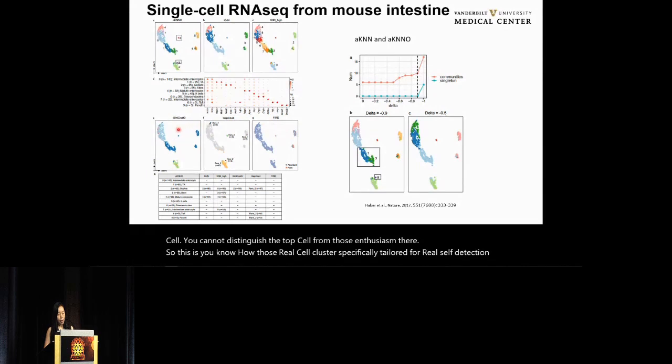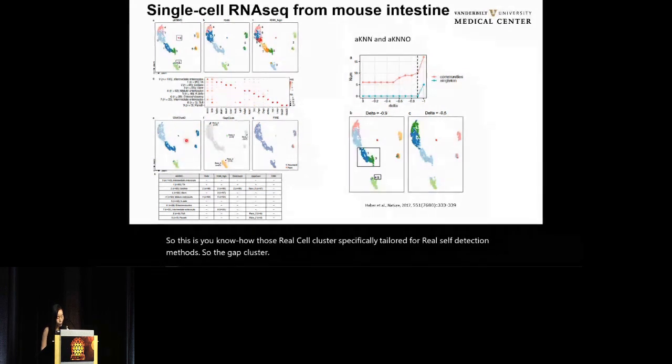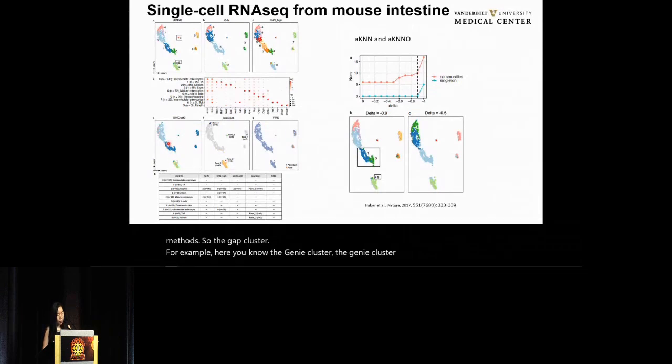So the GapClust, for example here, the gene cluster. The gene cluster here, you can see, is the only one that can identify the abundant and rare clusters simultaneously. You can see they do not even do a good job at abundant cell cluster identification.